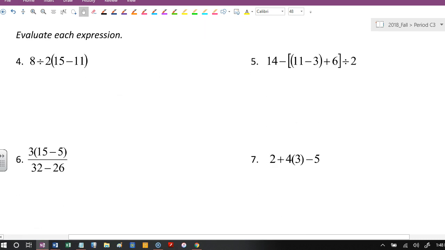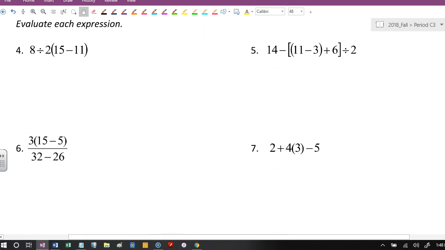Okay, number 5, help us out, please. I'll read it. 14 minus bracket, parentheses, 11 minus 3, parentheses, plus 6, bracket, divided by 2. And we have to be careful about order of operations, correct.